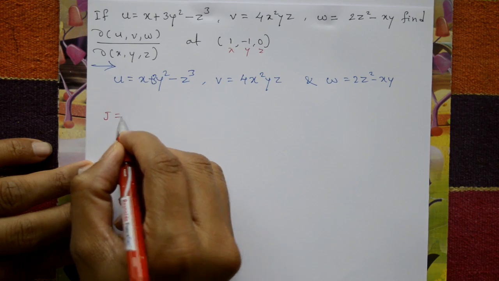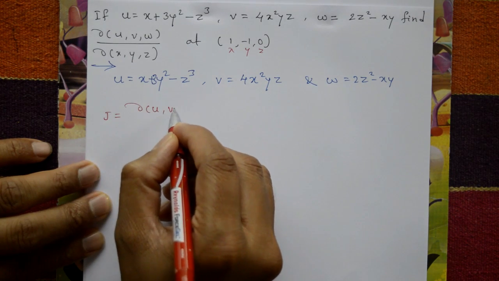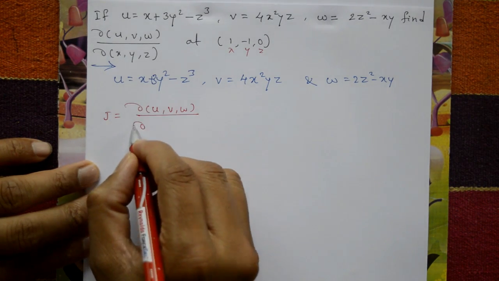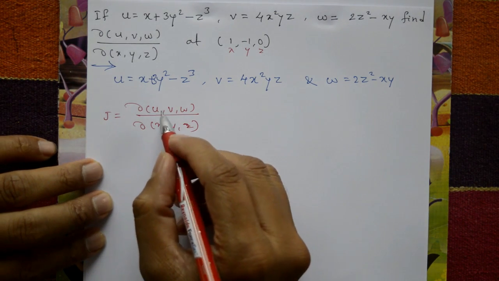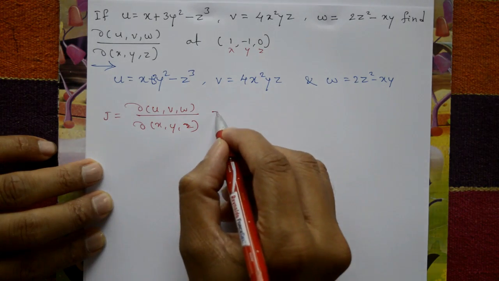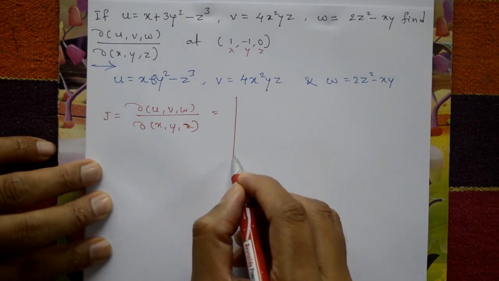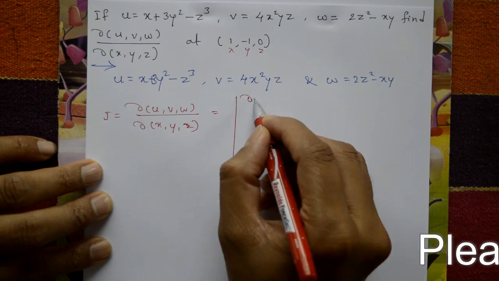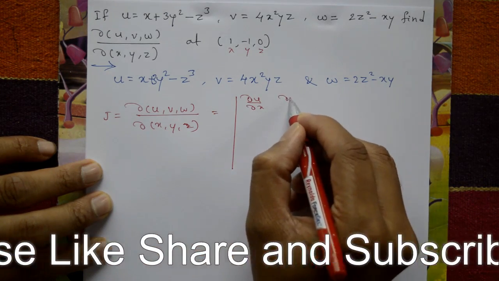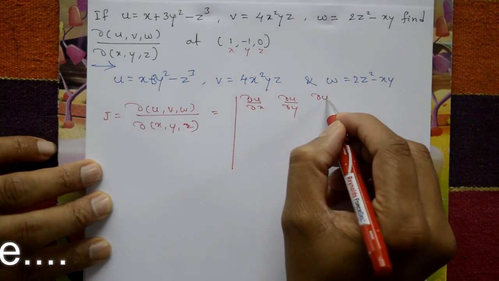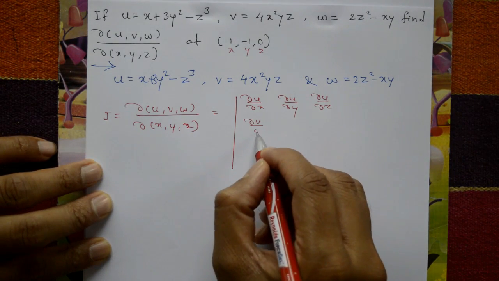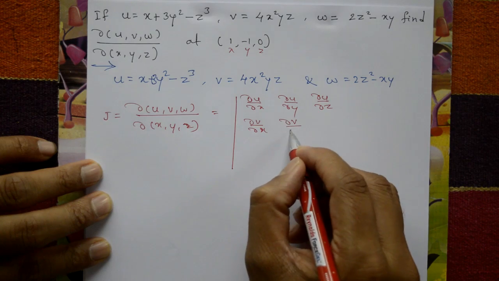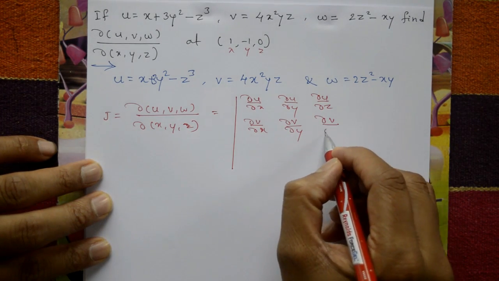Now the Jacobian J, ∂(u, phi, w) divided by ∂(x, y, z), differentiation of u, phi, w with respect to x, y, z is a determinant. First row u: ∂u/∂x, ∂u/∂y, ∂u/∂z. Second row phi: ∂phi/∂x, ∂phi/∂y, ∂phi/∂z.